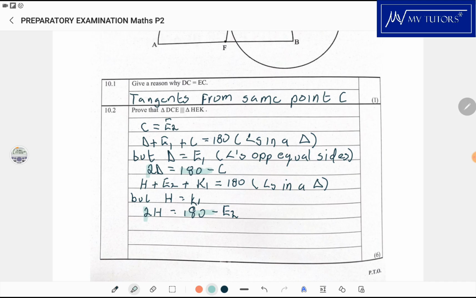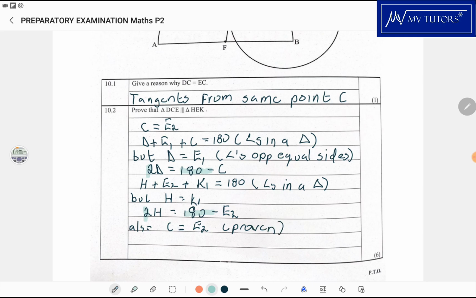And also C and E2 are the same because I proved it up there. I can actually write it down if I want. I can say also C is equal to E2. This has been proven above. I'm just going to write proven.